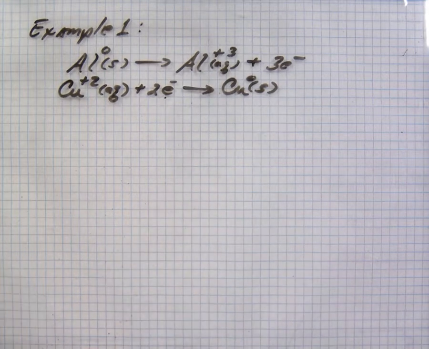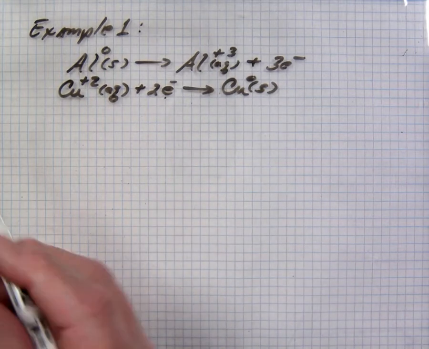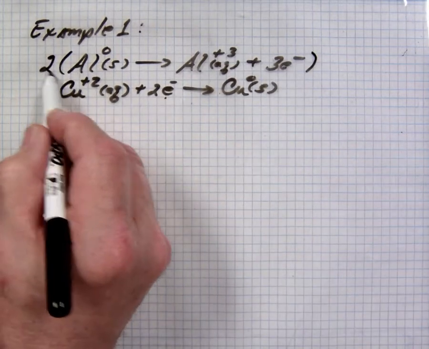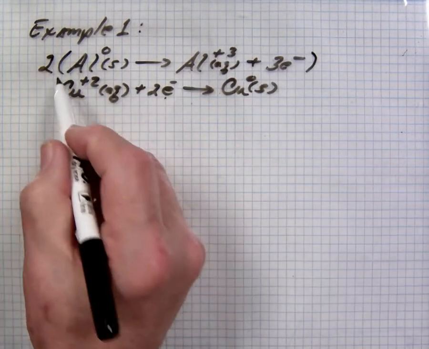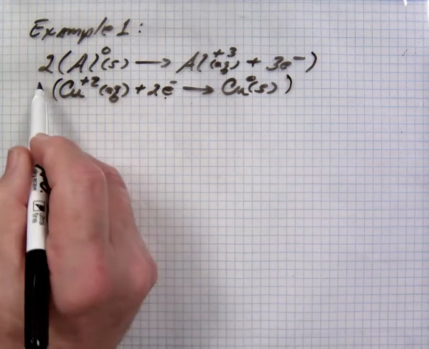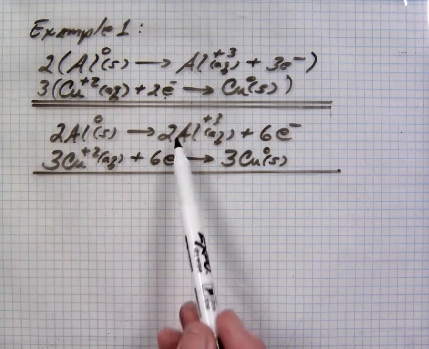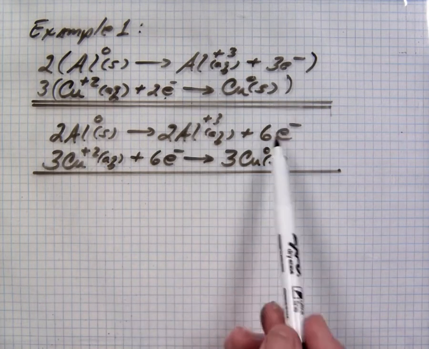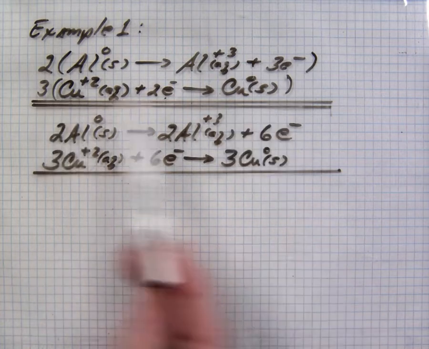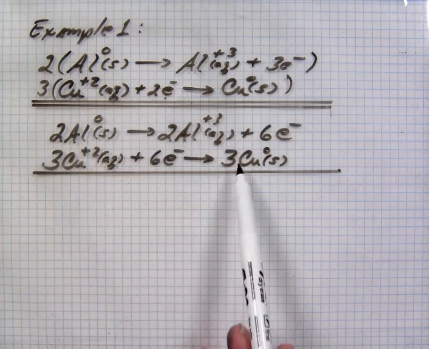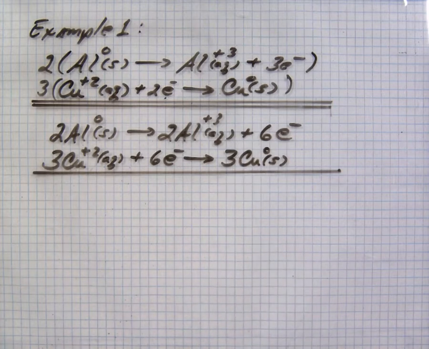So the way we deal with this is mathematical, in that we'll just simply double the aluminum reaction and triple the copper. So this will give us 2 aluminum ions, and then 6 electrons. At the same time, we'll have 3 copper 2+ ions, 6 electrons, and 3 moles of the copper.